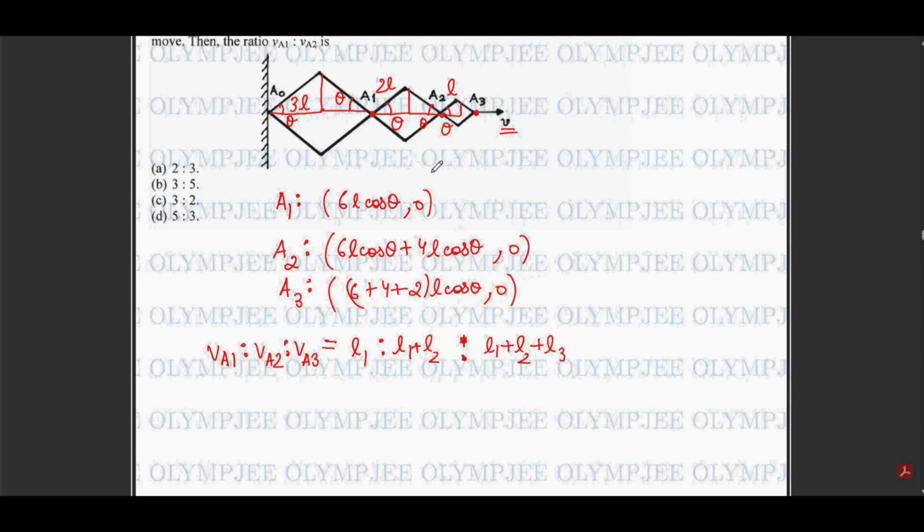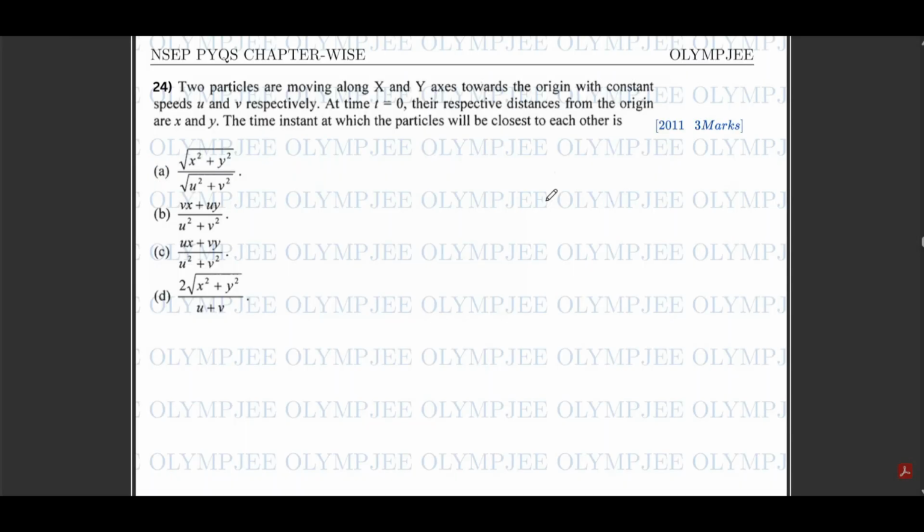So we are asked VA1 by VA2. So that is L1 by L1 plus L2. And that gives us 3L by 3L plus 2L, which is 3 by 5. So we'll get the answer as option B.